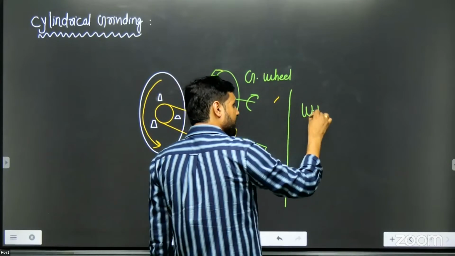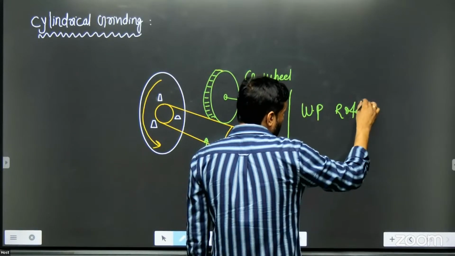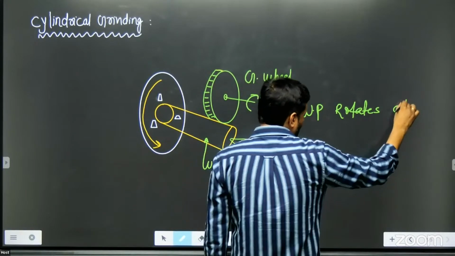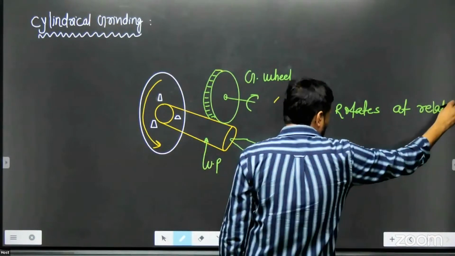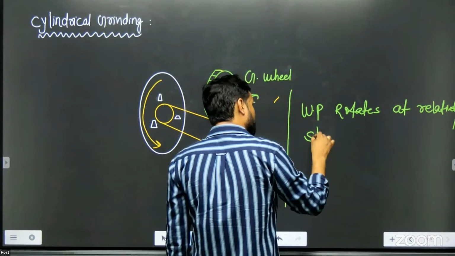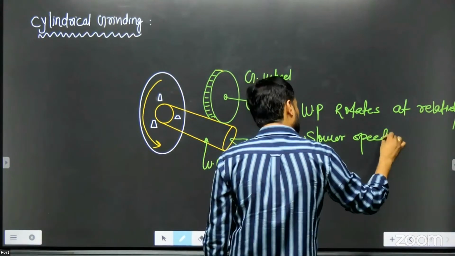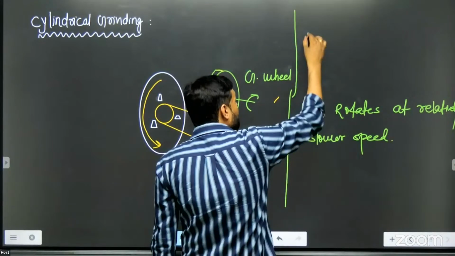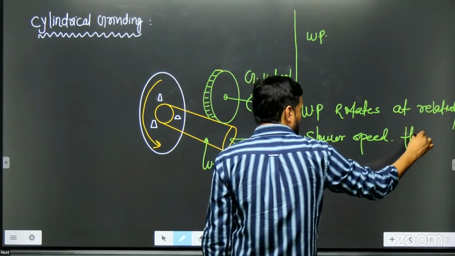One important thing that you should remember here: the workpiece rotates at a relatively slower speed than the grinding wheel.